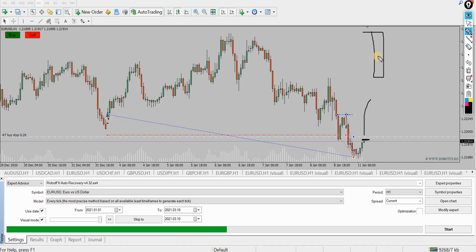That's too small to be considered, but let's say a big gap happens, and you have an open sell here, and then the expert advisor should have opened a hedging order here, but because this gap happens and the price now is above it, it somehow jumped the levels where it could have opened a pending buy order, and then the expert advisor, as soon as the price moves and there is a tick above this level, above the auto recovery zone, will place an open buy automatically.